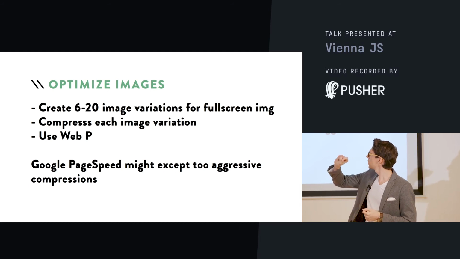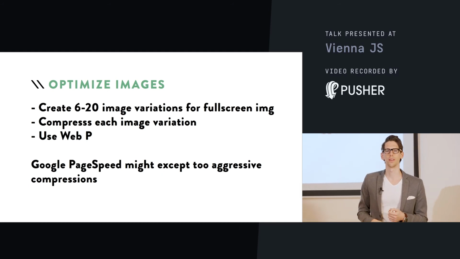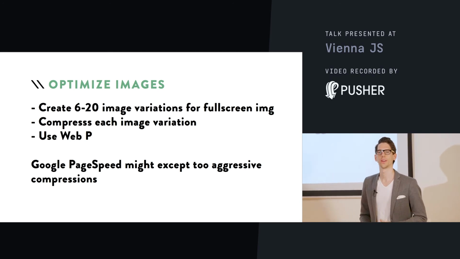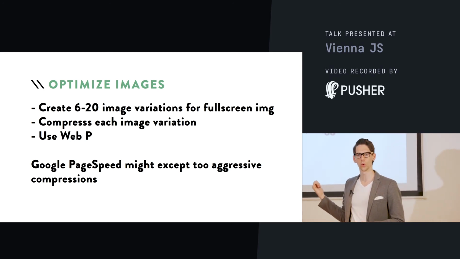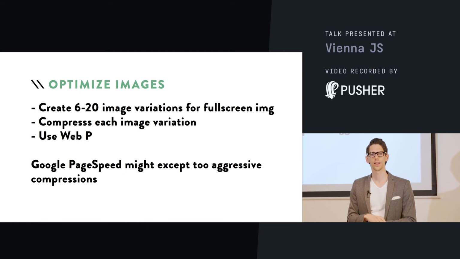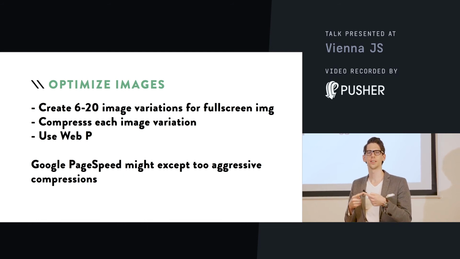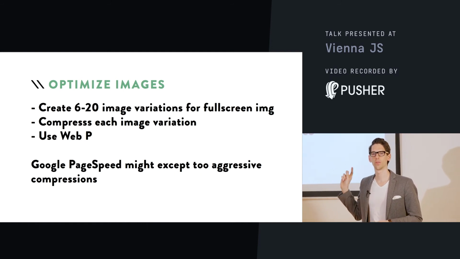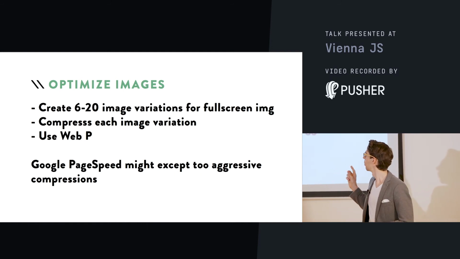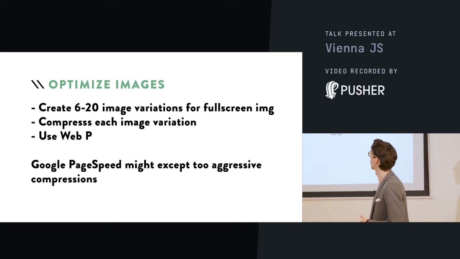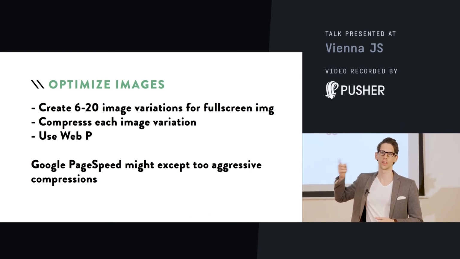And also, you should use WebP. WebP is a kind of new image format. It's pushed by Google, and if you use, for example, Google Chrome, your server should detect that and deliver WebP images. They are way, way smaller. And yeah, many services give you that out of the box.